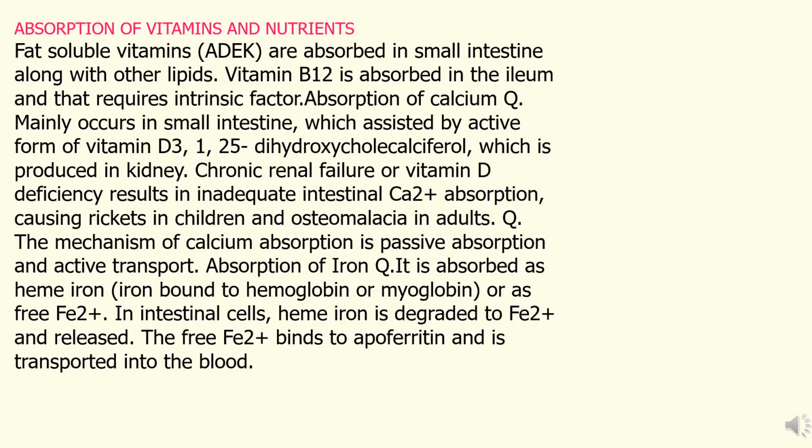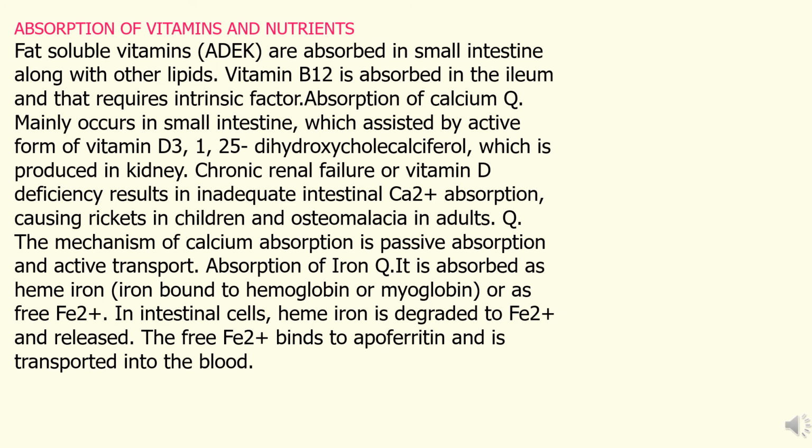The last part is absorption of vitamins and nutrients. Fat-soluble vitamins A, D, E, K are absorbed in the small intestine along with the other lipids. Vitamin B12 is absorbed in the ileum and that requires intrinsic factor for its absorption. Absorption of calcium mainly occurs in the small intestine, which is assisted by the active form of vitamin D3, 1,25-dihydroxycholecalciferol, which is produced in the kidney.